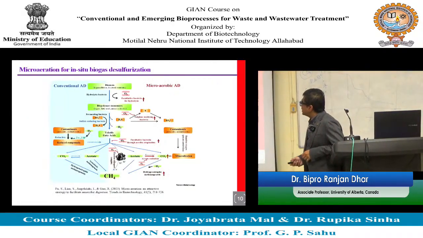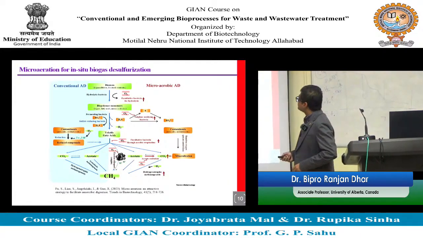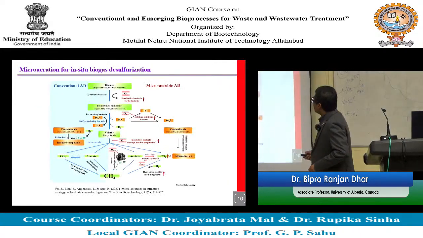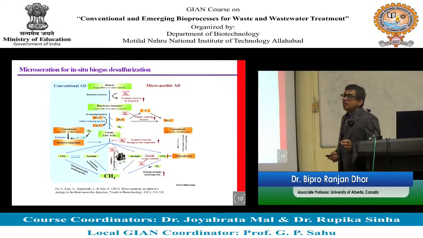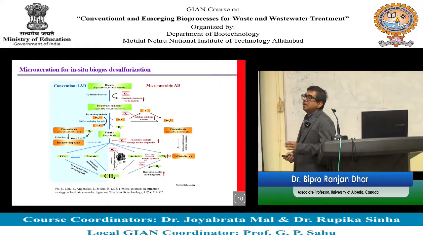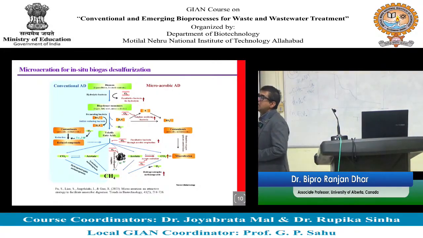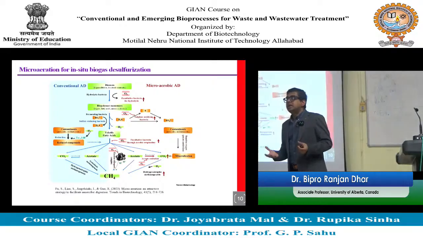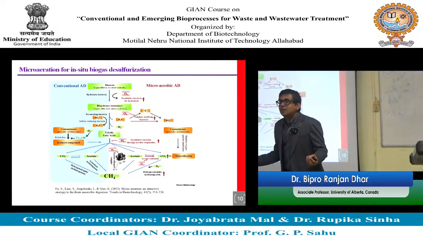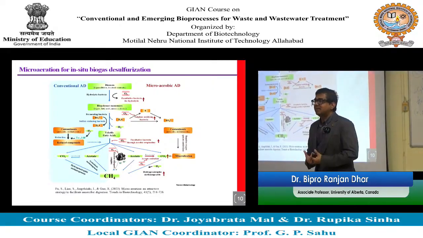So that's why in the last couple of years, the use of microaeration has become a very popular area of research. So what is microaeration? We know that the anaerobic digestion process is anaerobic, right? We don't need oxygen in there.